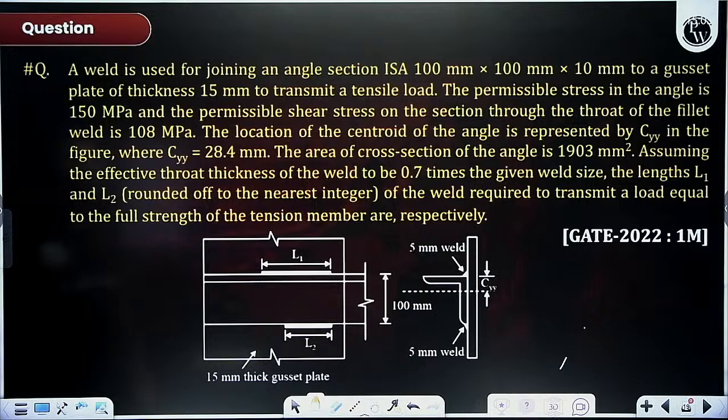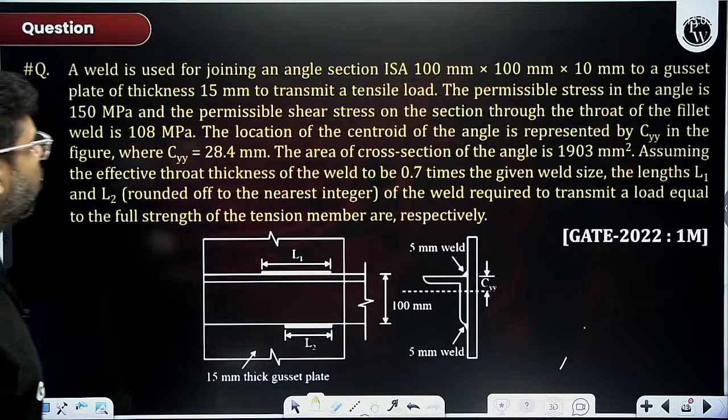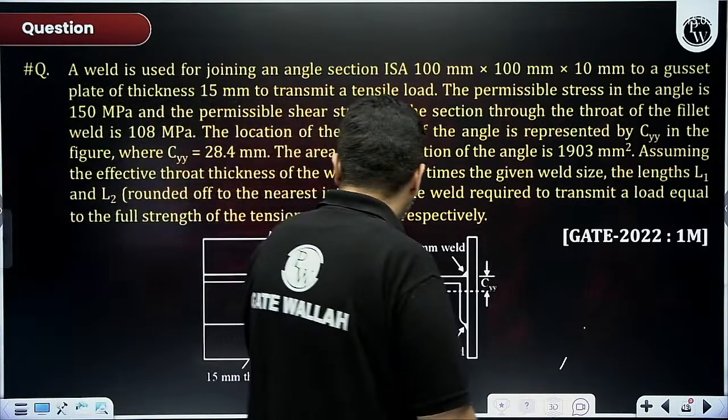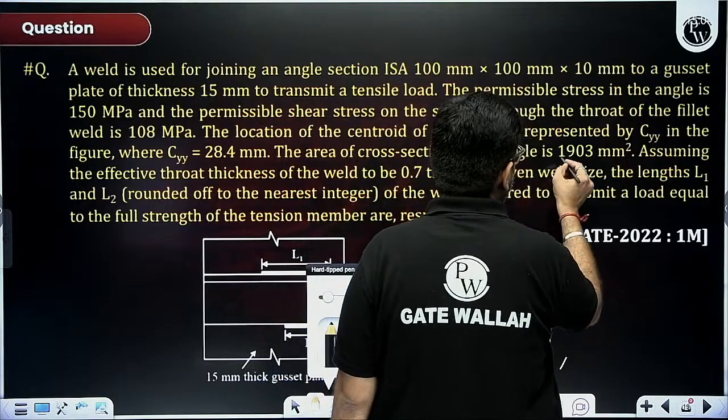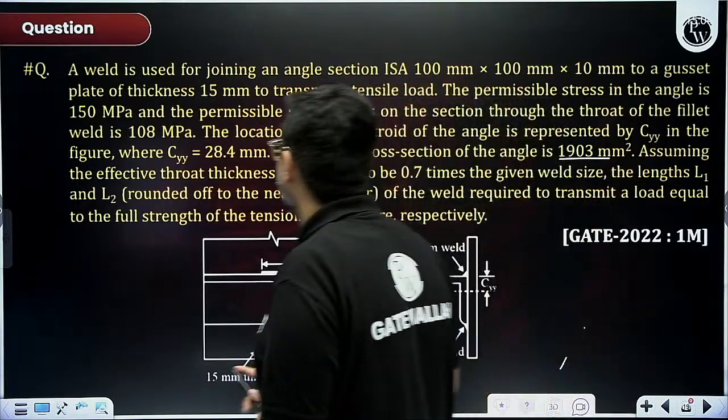The gross area of the section was given to me. So first find out the tensile strength of the member, that is governed by the yielding criteria.